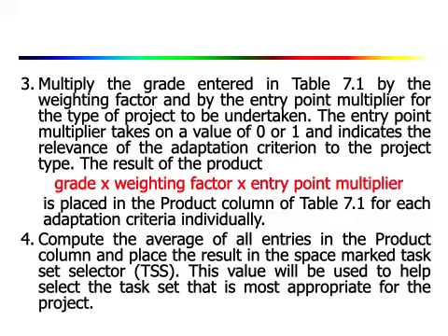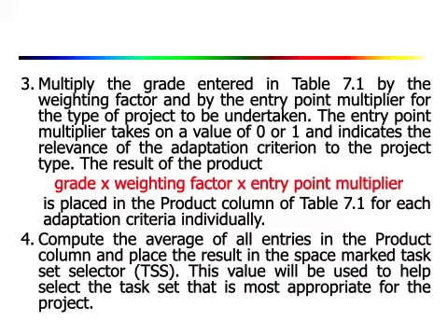Okay, then the third step, you multiply the grade entered by the weighting factor and by the entry point multiplier for the type of project to be undertaken. Okay, so what you have to do is grade into weighting factor into entry point multiplier, and the result of this is placed in the product column of table 7.1.